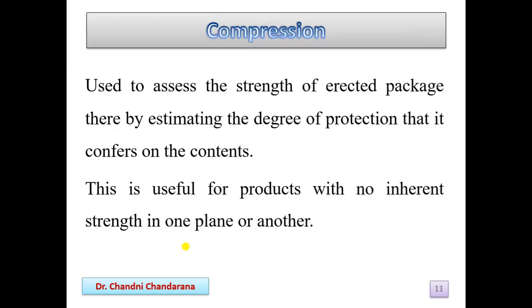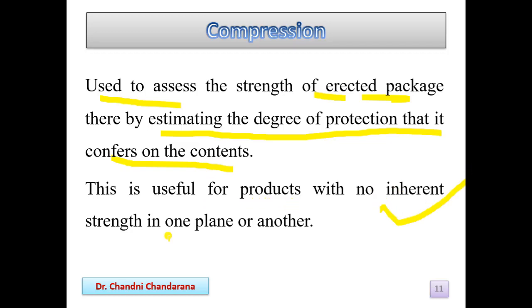Now we will see these tests in detail. The compression test is used to assess the strength of an erected package, thereby estimating the degree of protection that it confers on the contents. This test is useful for products with no inherent strength in one plane or another.